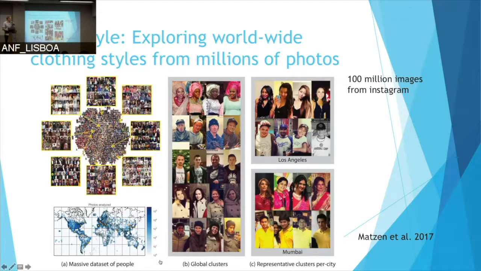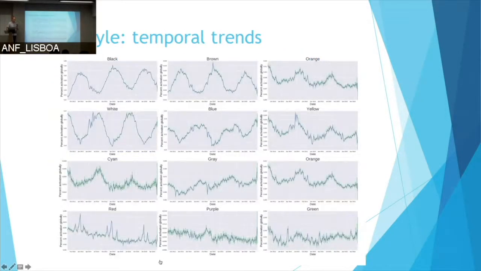So you can see first they got all the images, and they found all the different style clusters in the data. Each row here is a style cluster. There are all these different styles, and then you can break it down by location as well. And there's a lot you can do with that, slicing and dicing it in different ways.